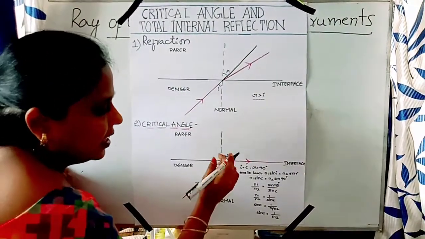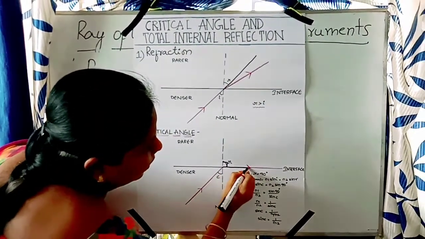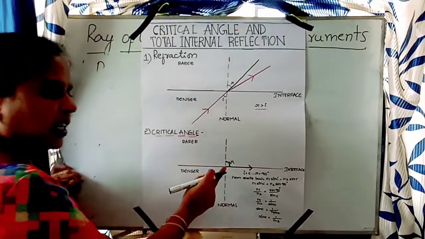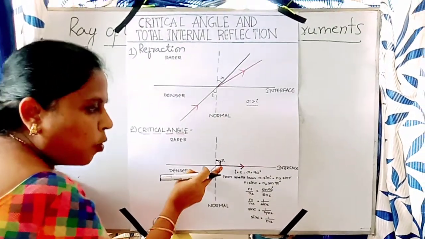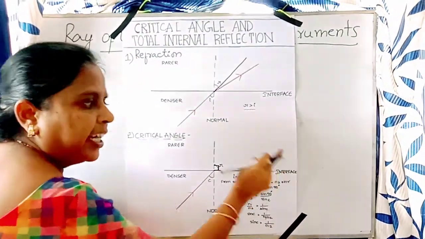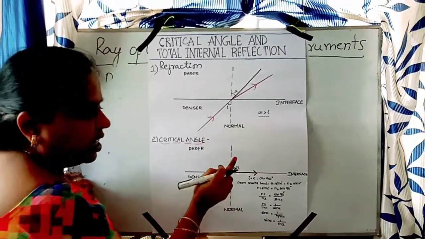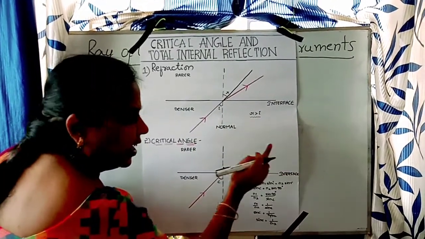After that, this is the refracted ray. What do you observe here? Here the refracted ray coincides with the interface.